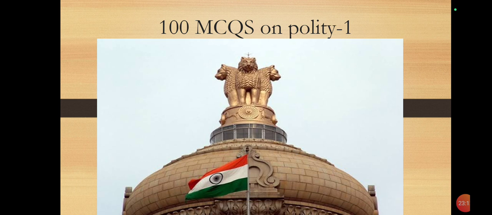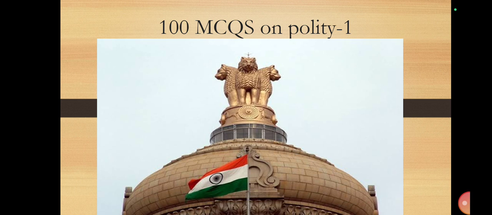Question number 35. Which one of the following veto powers is not conferred on the President of India? Answer: qualified veto power. Other explanations. Absolute veto: withholding of assent to the bill passed by the legislature.